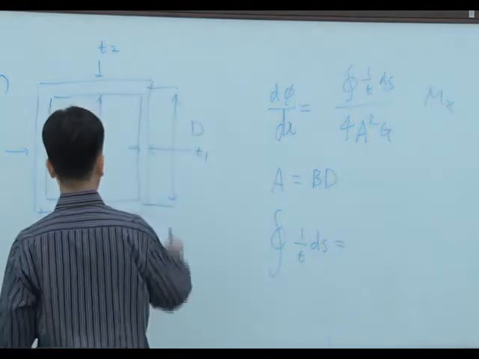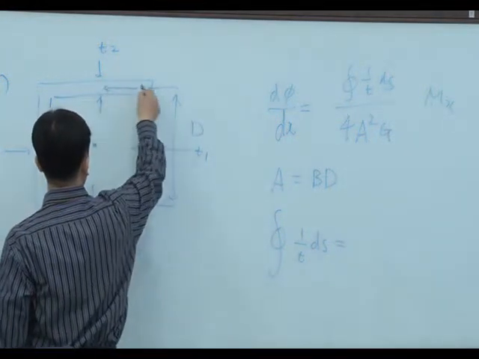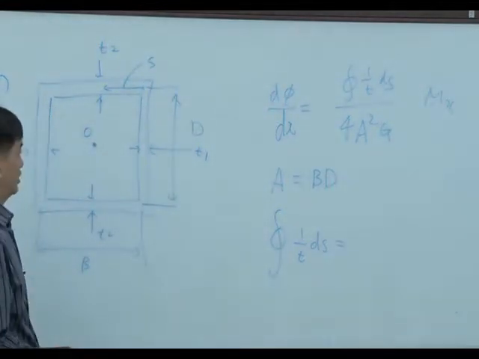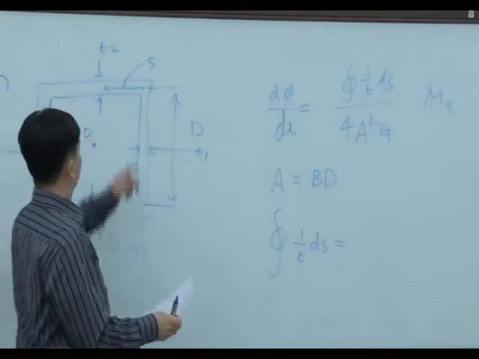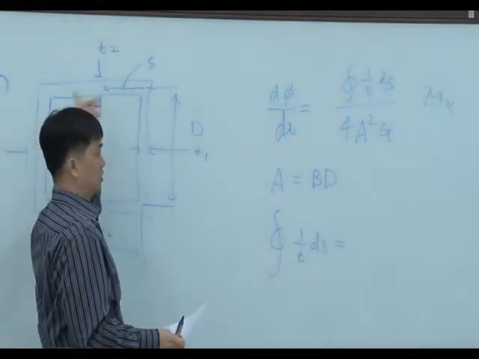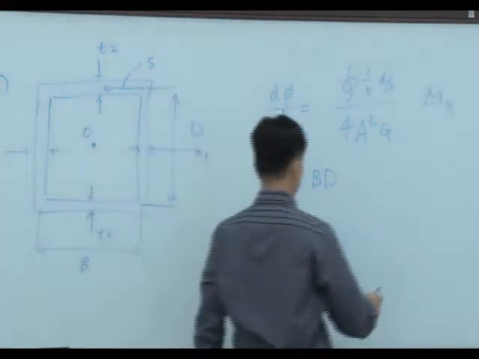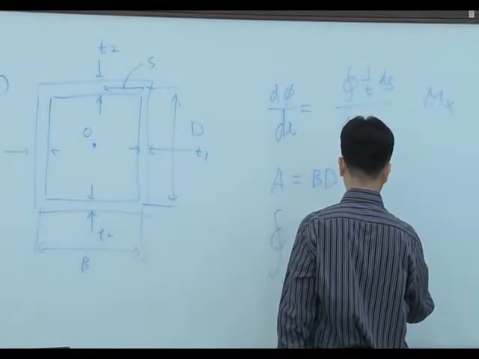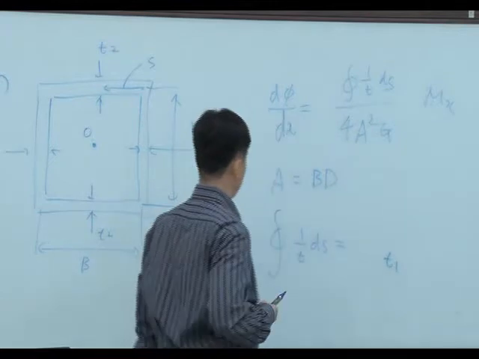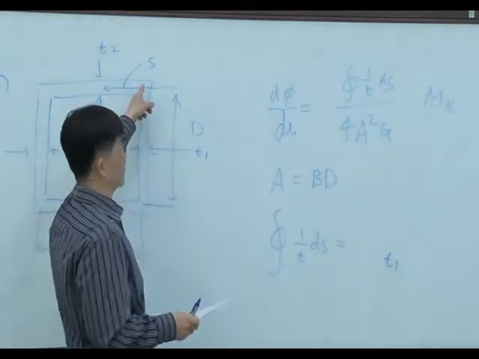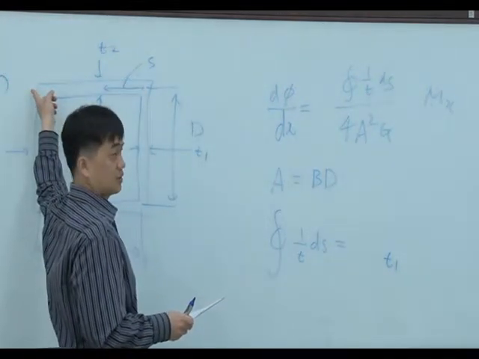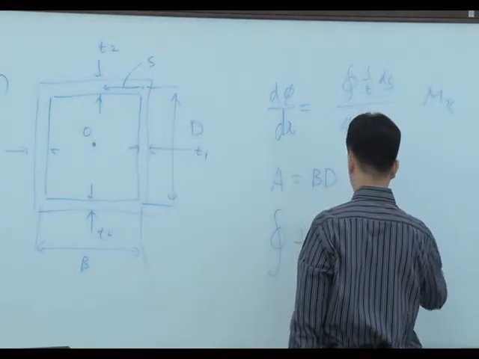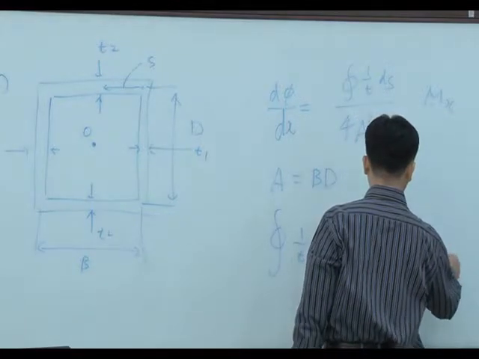Let's start from here. S starts from this point. This is S. Okay, going from here to here, T will be T1, right? T is a constant from here to here, T1. So T1 over 1 ds.